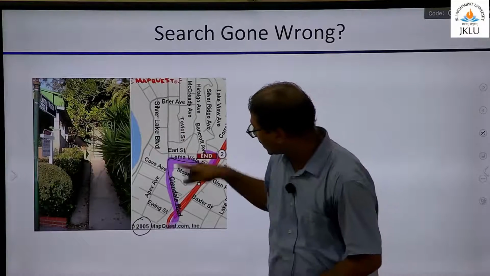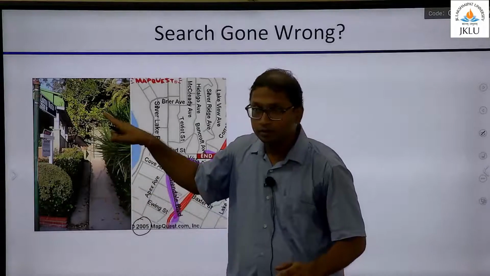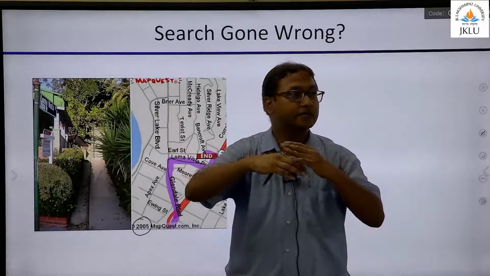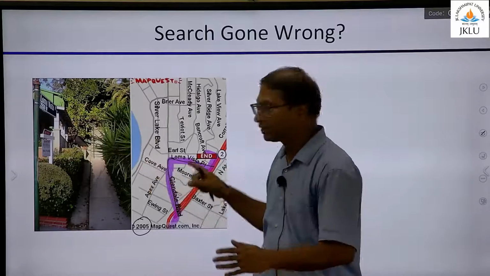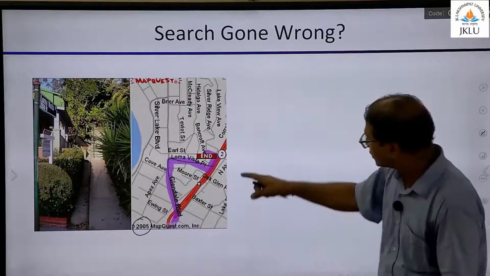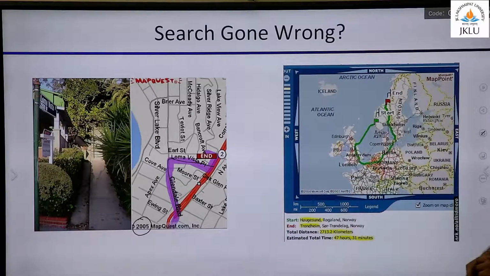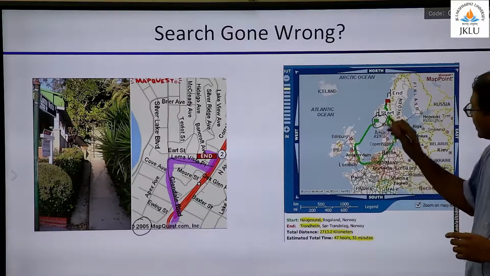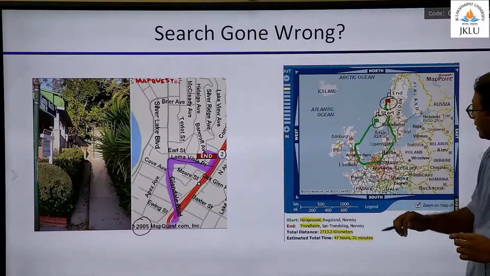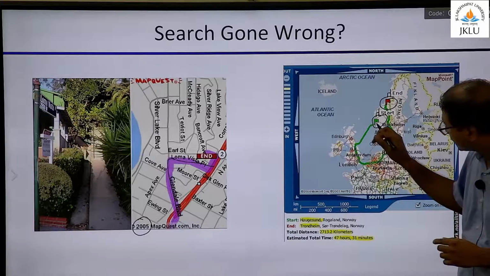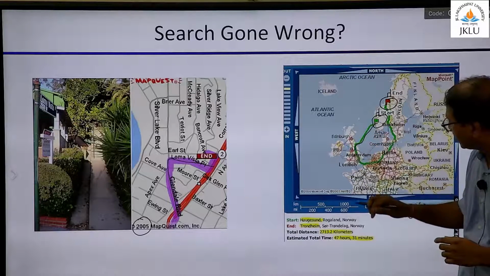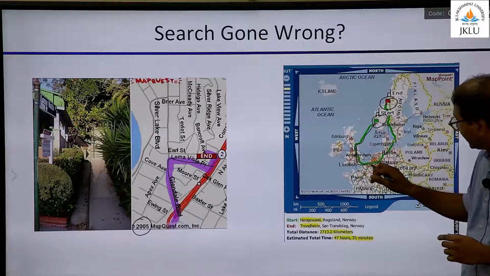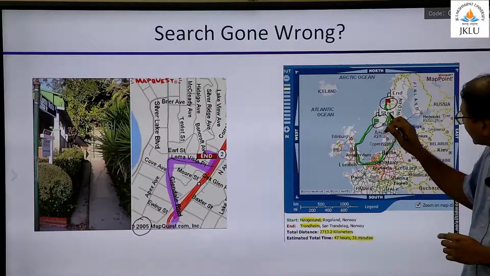If I have a model in which a couple of paths are such that they are not there in real life, then you will have issues. This was still fine. What about this one? So start is in Norway, end is in Norway, but the path taken is you cross this sea by car, then again come back and then you reach here.